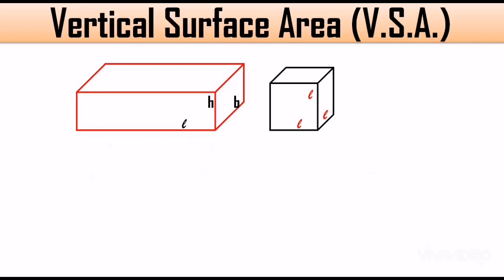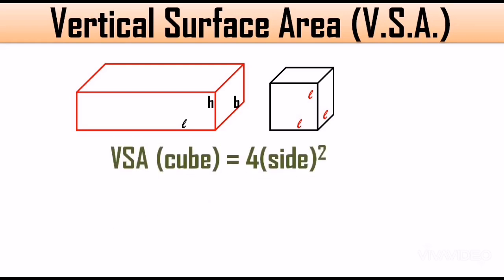For the VSA, that is the vertical surface area of a cuboid and cube, we just have to think about the standing faces. The standing faces of a cube are squares. There are 4 faces which are standing. That is why the formula for the VSA of a cube is 4 into side square. Side square is nothing but the area of that one square.